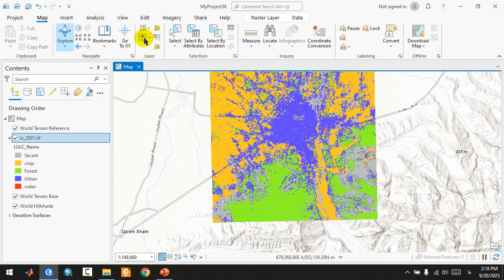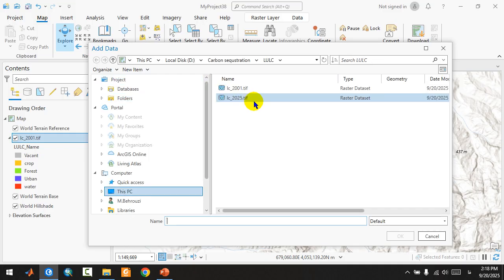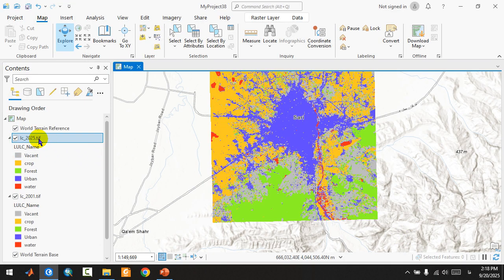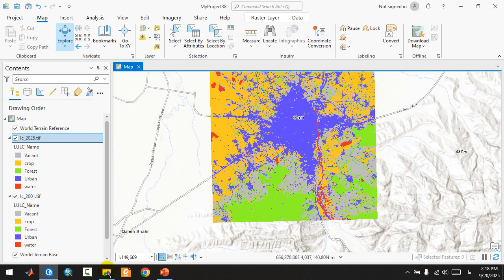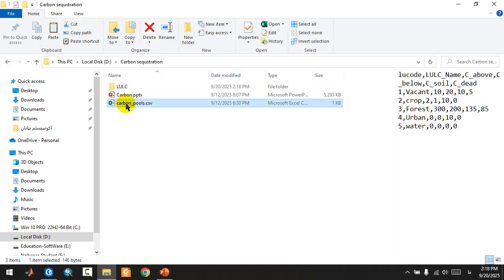And the LULC for 2025 years. Okay, right click, attribute table, there is the LULC name and LU code. Okay, and we need the carbon pools.